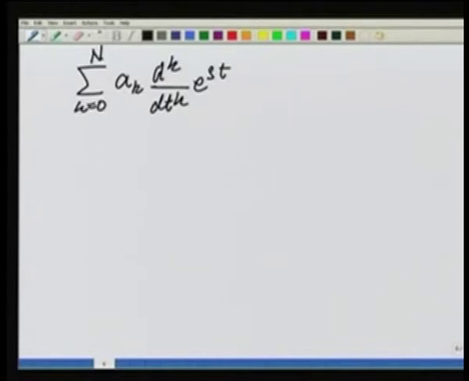This, and if we evaluate this, what we get is a_k times the kth derivative of e to the st, which is s to the k e to the st, because every time you differentiate it once, one more s comes out of the exponent and lands on the ground.